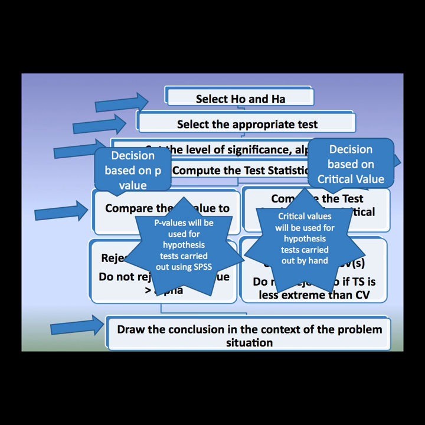When carrying out a hypothesis test problem, first you must determine h0 and ha. In this case, the null and alternative hypothesis will be mu equals some number versus mu is not equal to that number, mu is greater than that number, or mu is less than that number. Then you must select the appropriate test.